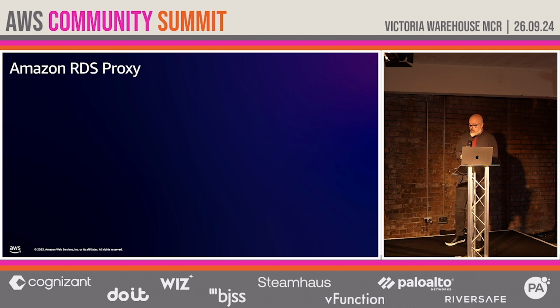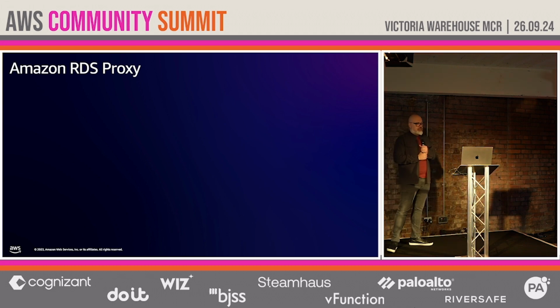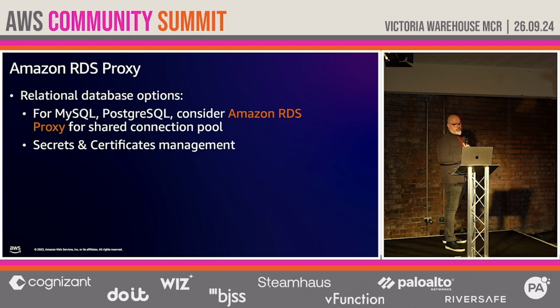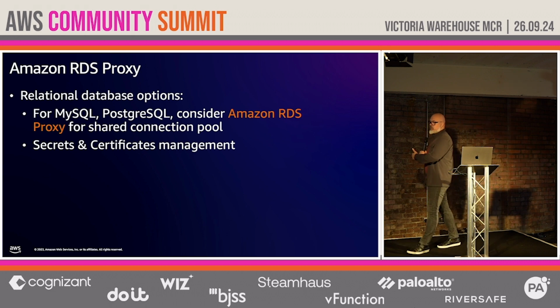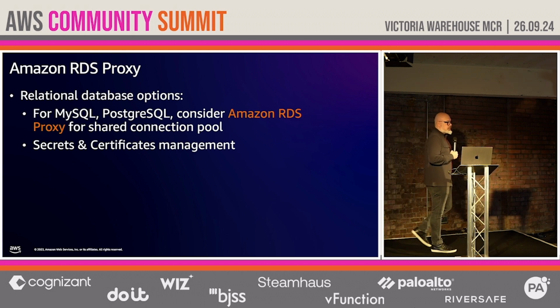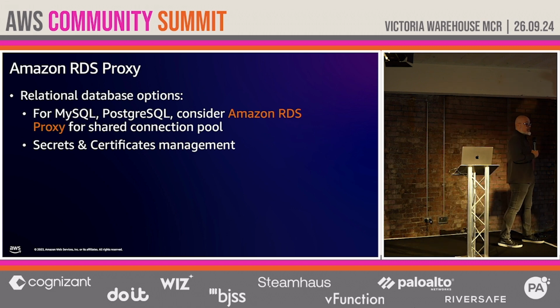Now, you have seen before that I was talking about RDS proxy. If you're using RDS, it's a really great service for a couple of reasons. First of all, one of the challenges you have with Lambda, especially because you cannot control the scale, is that if you have 1 million requests in a minute, then you are going to have multiple micro VMs hitting your database. But you need to deal with connection pooling. That is one of the key things, and RDS proxy takes care of that for you.